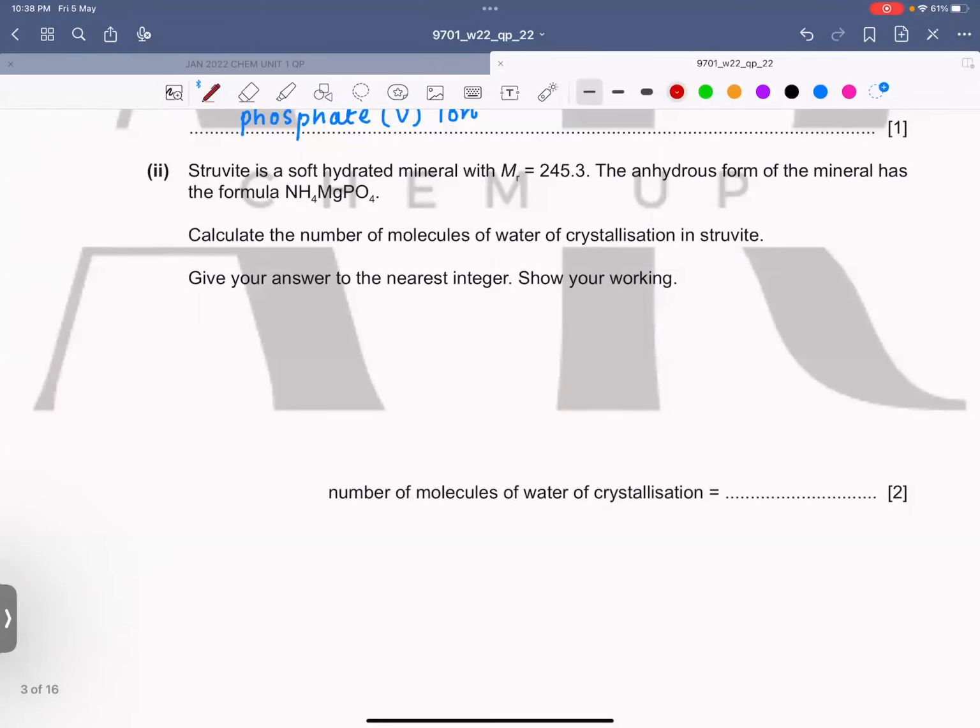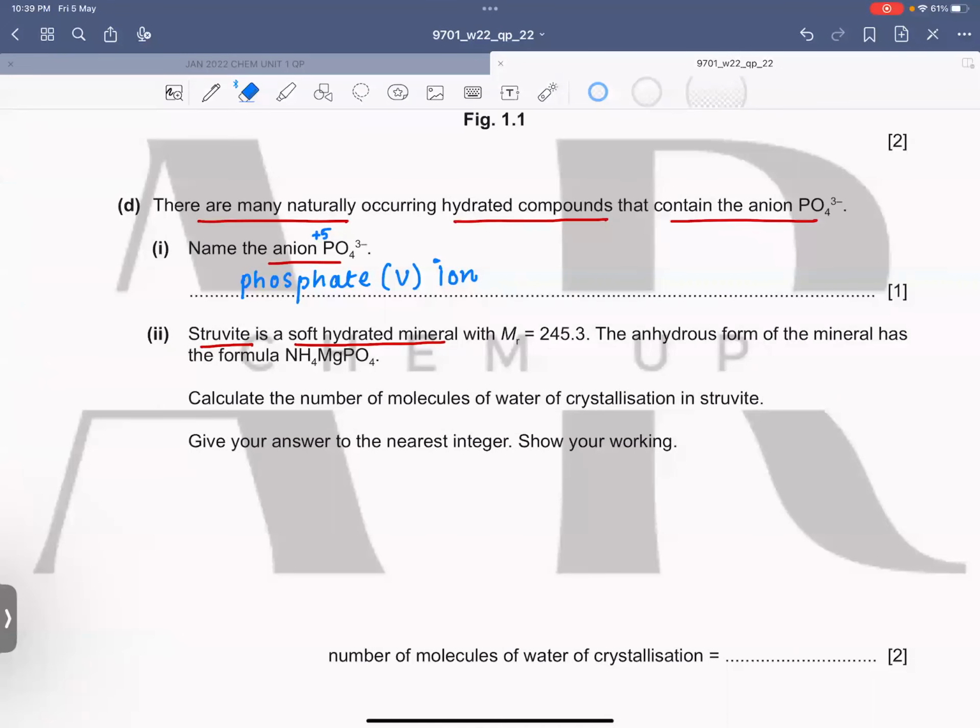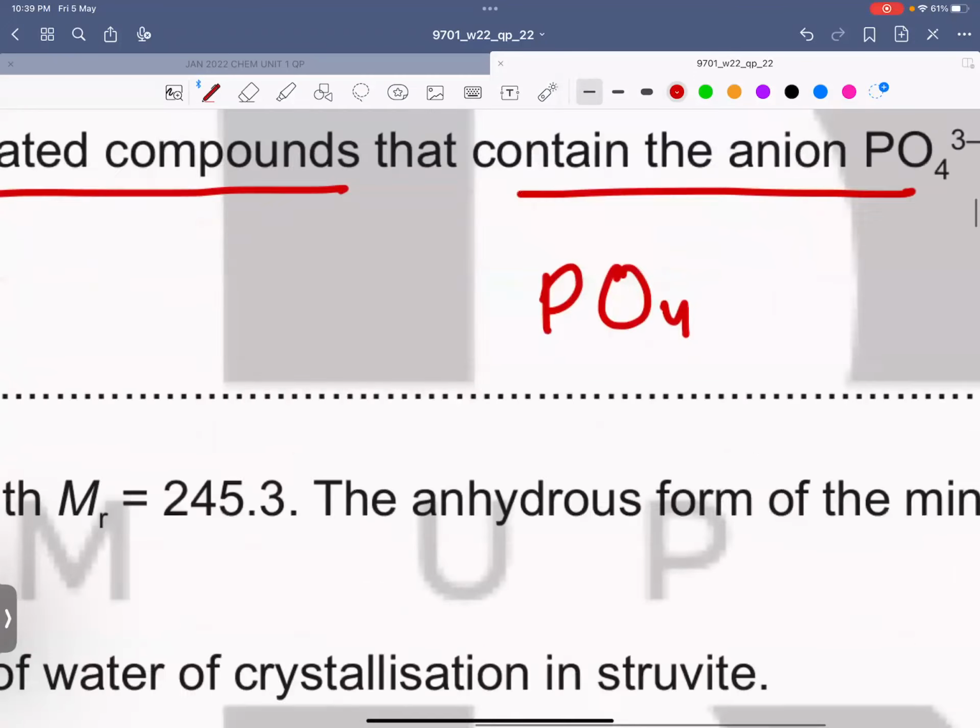Next part. Struvite is a soft hydrated mineral. Sir, is the phosphate 1+? What 1+? It's 5+. It's not 1+, it will be 5+ here. I didn't understand, Abdullah.